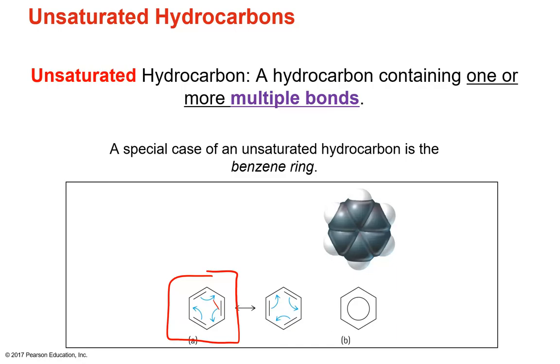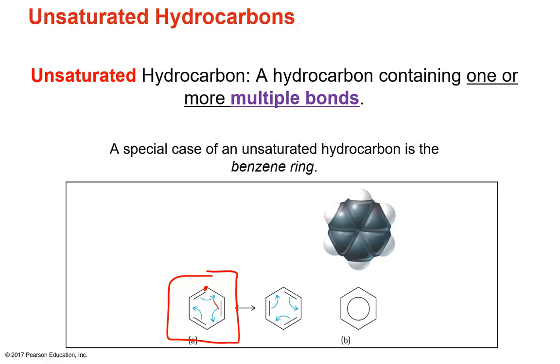Now, if we look at the bonds, how many hydrogens are connected to this atom I marked? Just one. Because how many carbon bonds are there? Not how many carbons are connected, but how many carbon bonds?